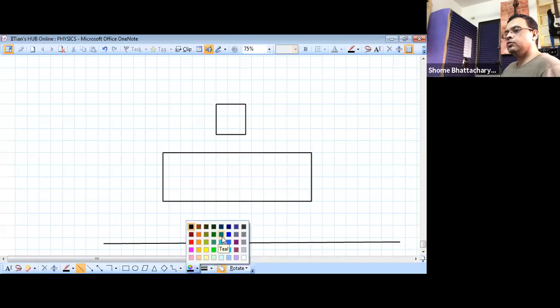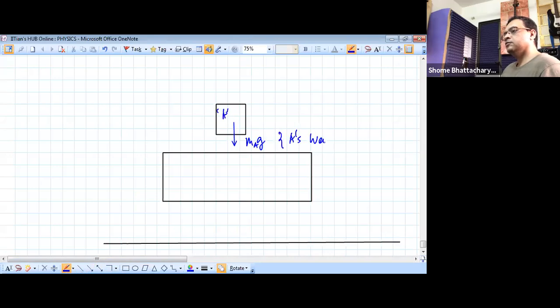So block A, the ground will be pulling it down with a force equal to its weight. This is nothing but A's weight, which is the gravitational force on A applied by the ground.